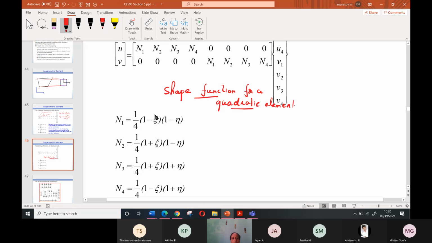So we are going to derive the values of n1, n2, n3 and n4 for a quadratic element.